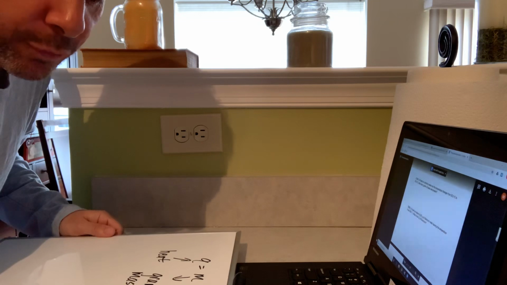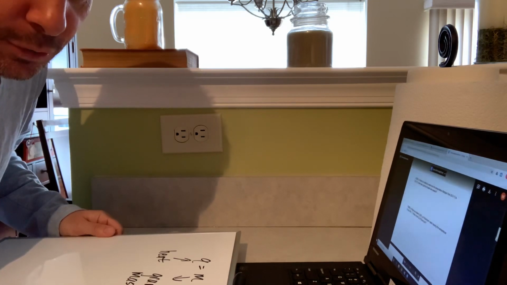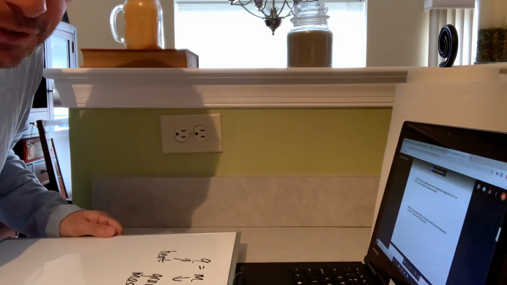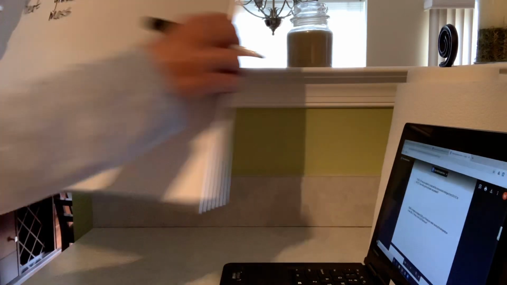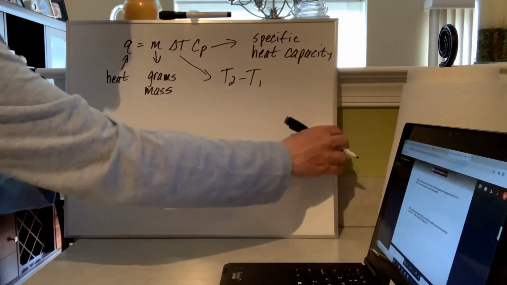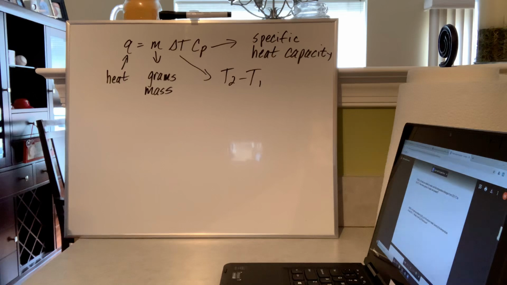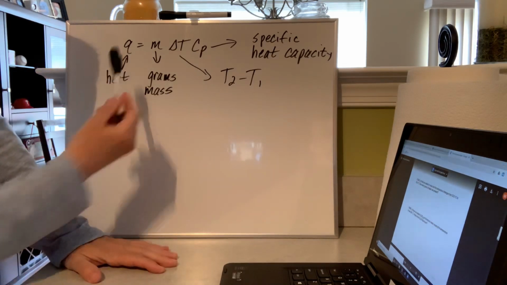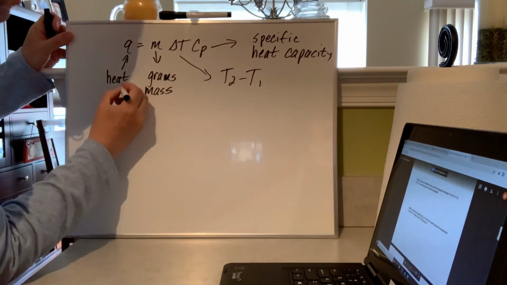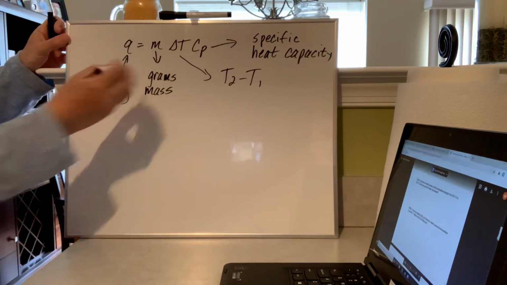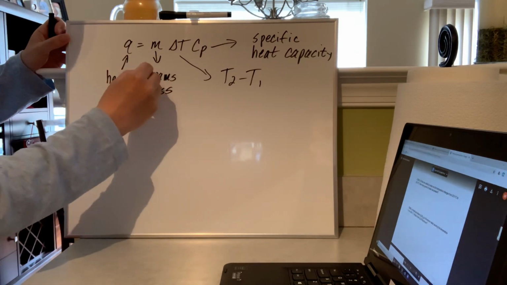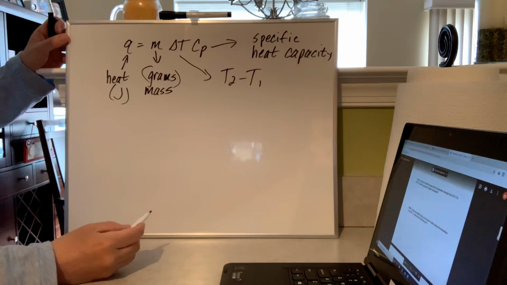And then we have the CP value, which is the specific heat capacity. Q is the heat value. That's always going to be in the unit joules. If the mass is going to be in grams, that's your M.